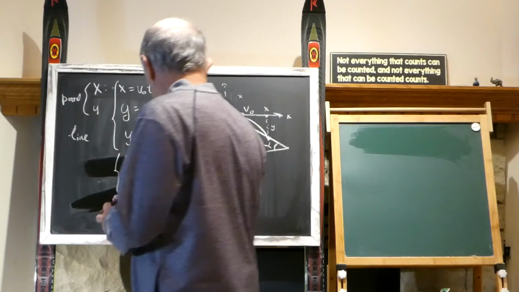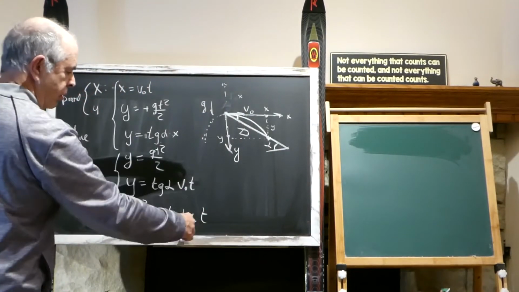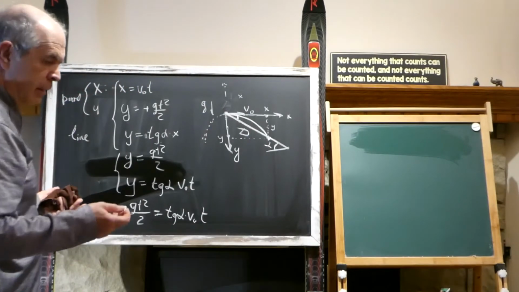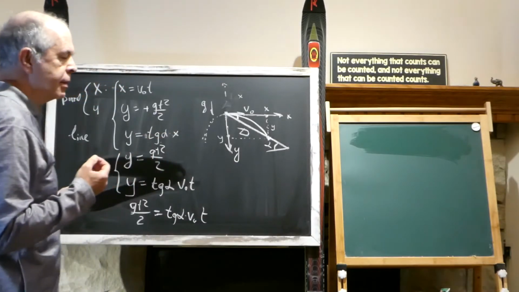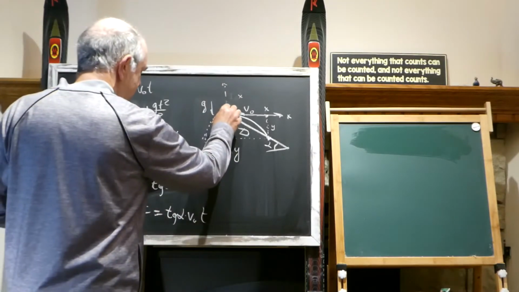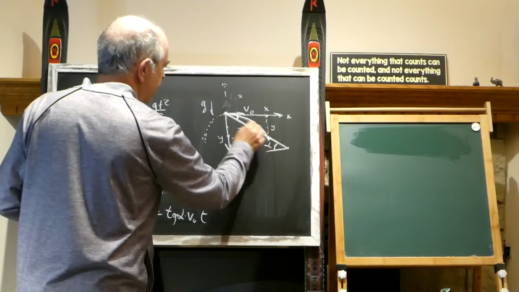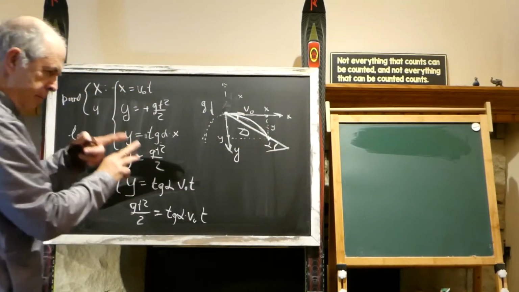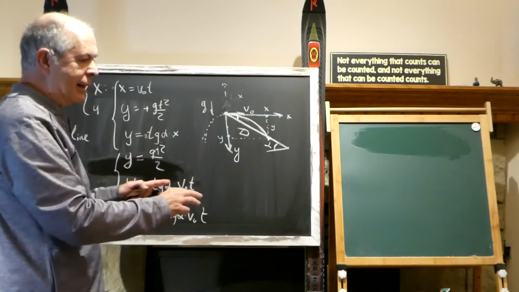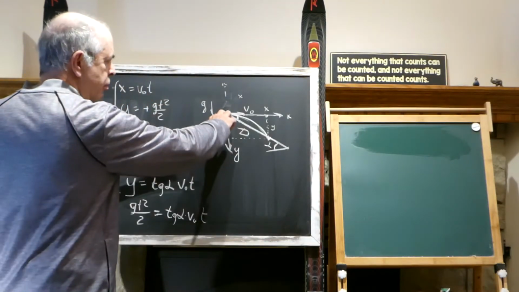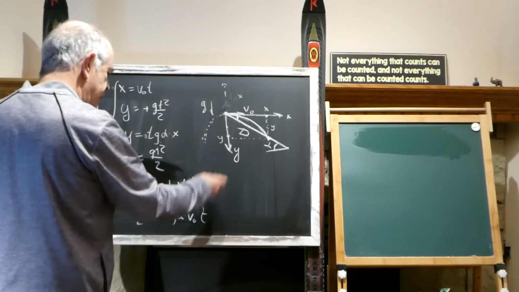Of course, you want to cancel t. It's possible, but you have to remember that t is not equal 0. And when t is equal 0, those two lines, parabola and this, are intercepting too. So if you say t is not equal 0, so you exclude this point, which is kind of obvious, then it's fine.